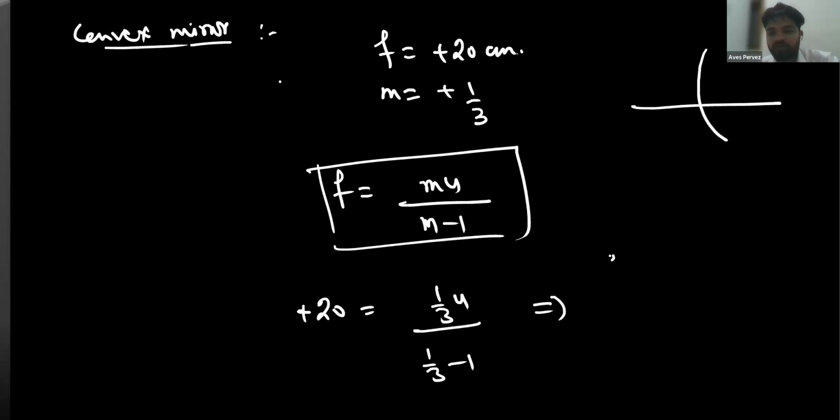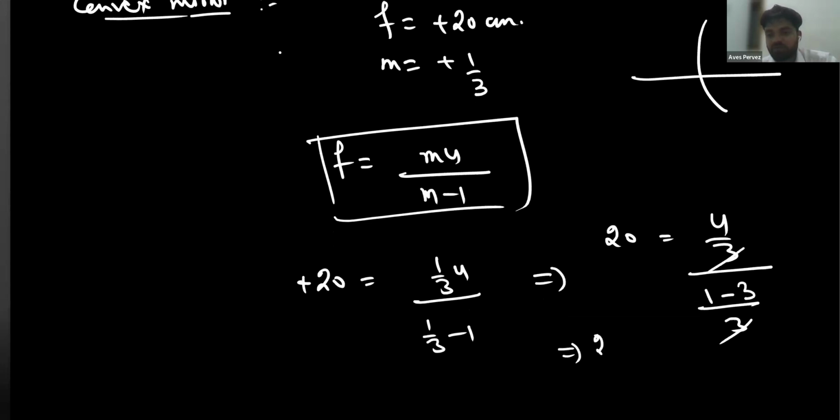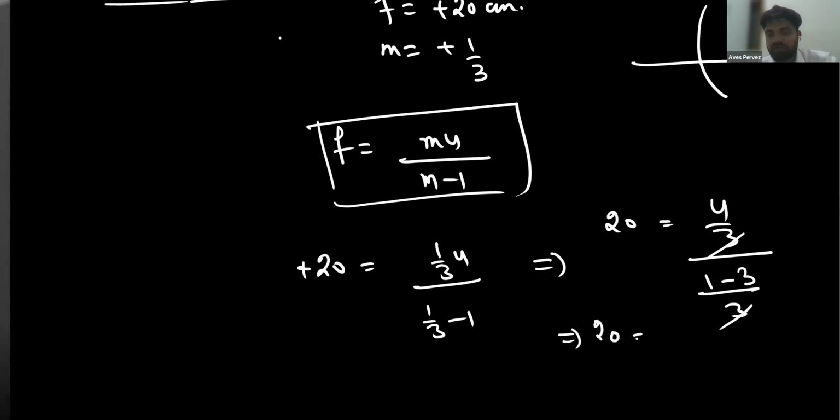So again here you will get plus 20 is equal to u by 3 upon, when you take the LCM of this one, you will get 1 minus 3. You can cut it, you will get minus 2. So again you will get 20 is equal to u by 3 upon minus 2, this 2 goes to that side and u is equal to minus 40.